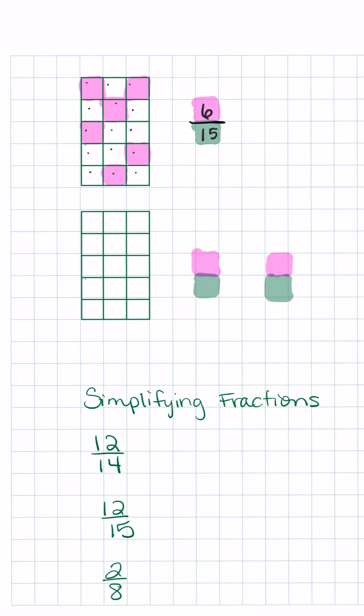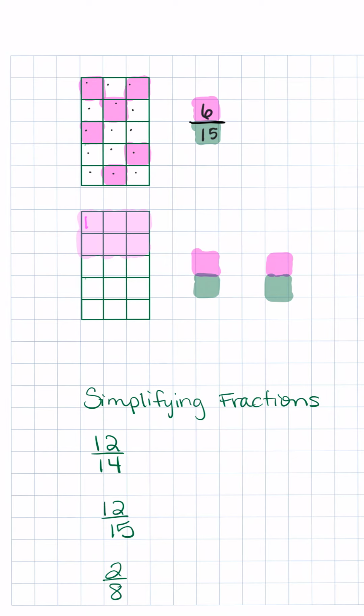Okay, well, this most likely can be reduced. So let's take a look at if we were to put these in the same row. So we have 6 that we want to fill in. So here's 1, 2, 3, 4, 5, 6.